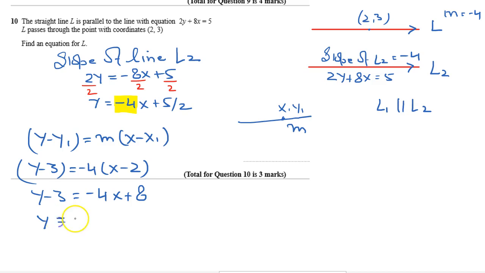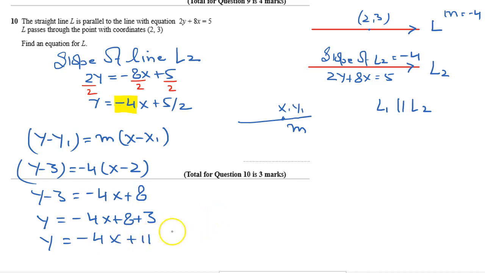So y is equal to minus 4x plus 8 and plus 3. So y is equal to minus 4x plus 11.